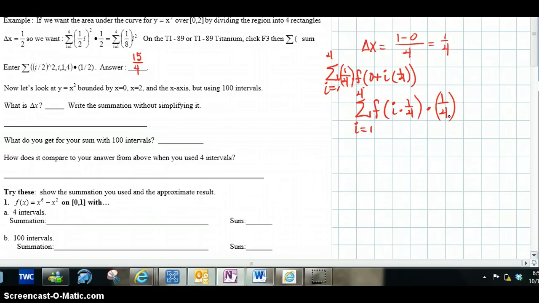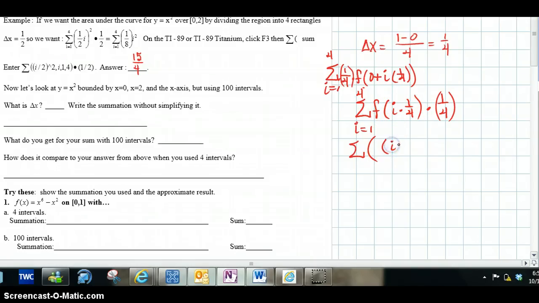To enter this into our calculator, we go to F3, take the summation formula. Then our summation formula is going to be parenthesis. This is going to be entered into our function, which is x to the 6th minus x squared.